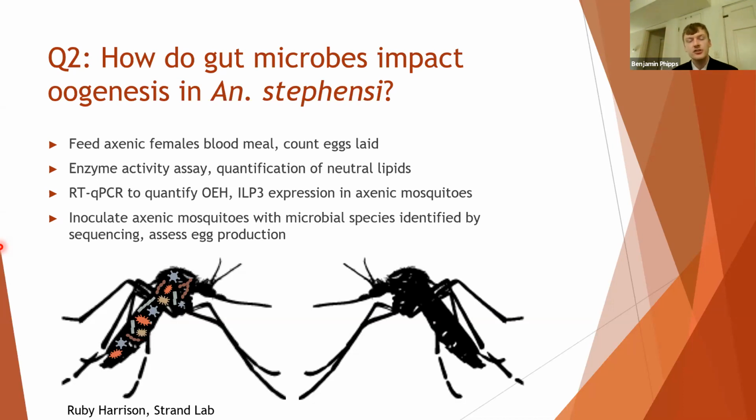And then to determine whether these microbes are influencing egg production by influencing digestion of the blood meal, since the nutrients from the blood meal are required to make eggs, or by directly influencing the reproductive endocrinology, I'll first use an enzyme activity assay to quantify protease activity in the midgut, as well as quantification of neutral lipids in the midgut and the fat body to determine whether lipids are being shuttled.